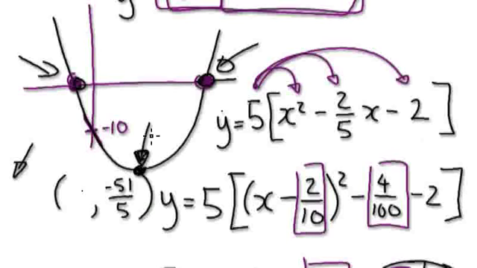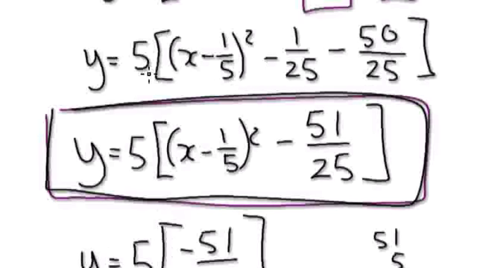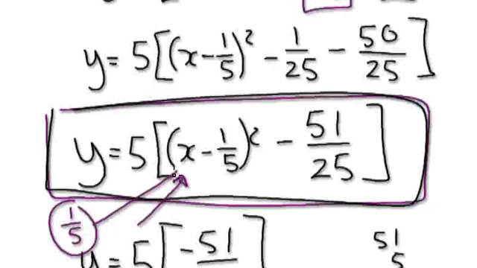Okay. Now the x value here will be, go back to your key stage. Your key stage is here. If you put positive 1 over 5 into this x here, then that will give you the lowest possible value for y.